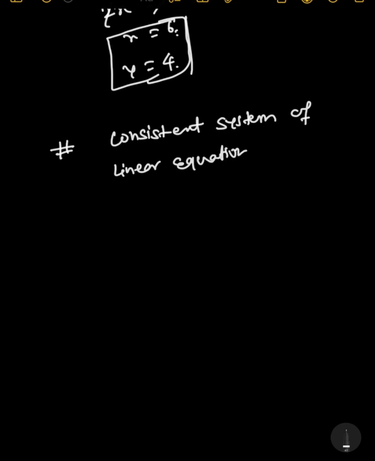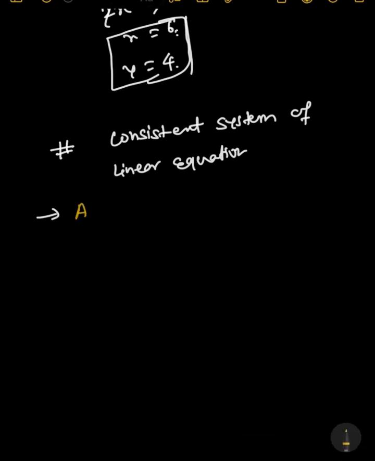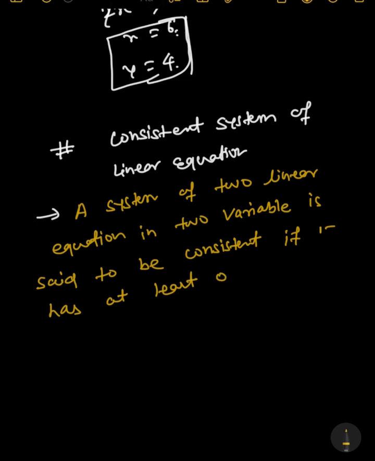The definition is: a system of two linear equations in two variables is said to be consistent if it has at least one solution.